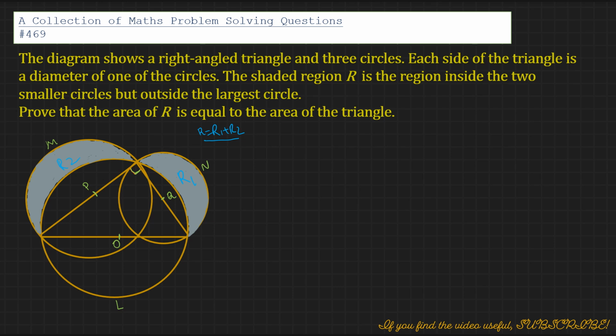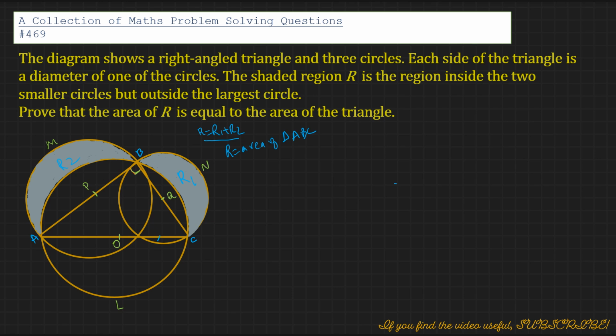I've marked them, separated the two shaded areas in the two circles as R1 and R2. What we have to prove is R equals the area of the triangle. If I name the triangle A, B, and C, the area of triangle ABC. So that's what we have to prove.